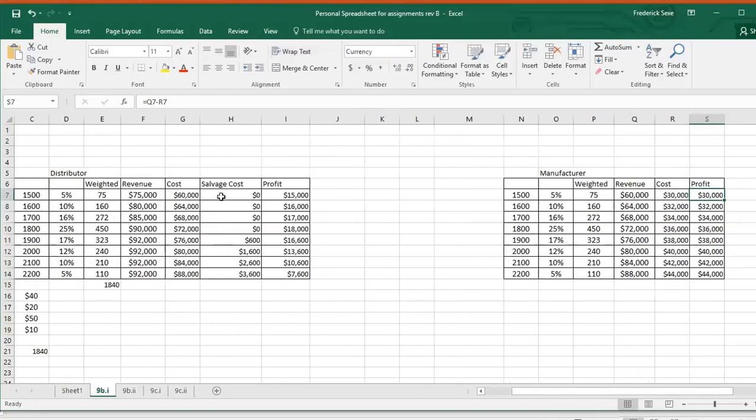So that's the only difference, the salvage costs and the fact that the revenue is fixed based upon the weighted value that we order. Does everybody understand why we fixed this at 1,900? All right, I'm sorry, 1840.